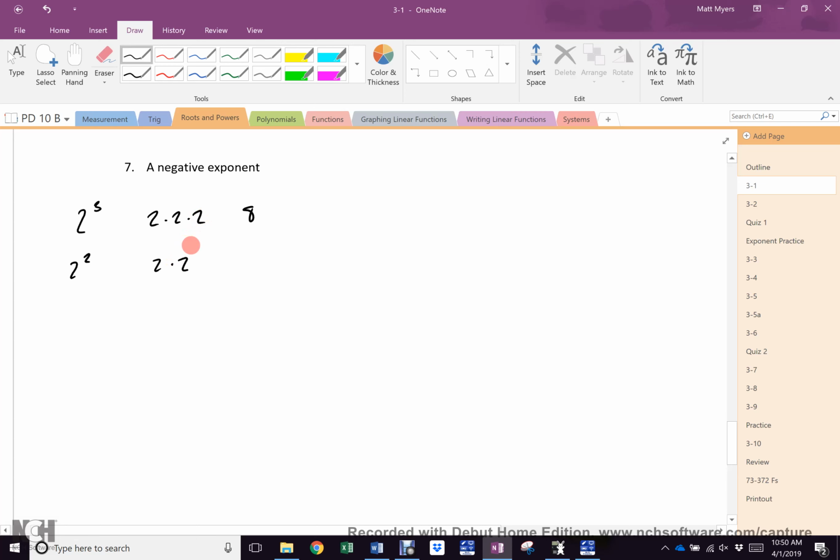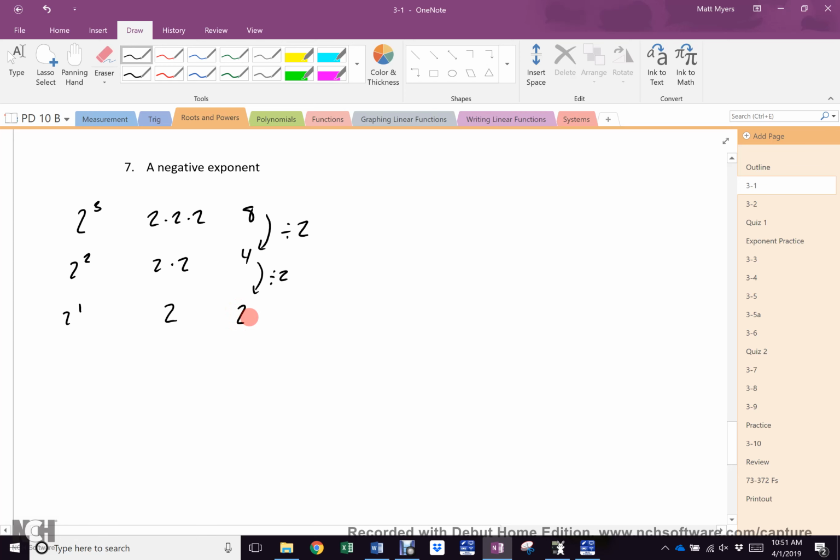What is the opposite of multiplying? So this is 4. So what math happened here? I divided by what? 2, because that was my base. Everybody cool? What's 2 to the 1? 2. Divide by 2. And what do I get? 2.